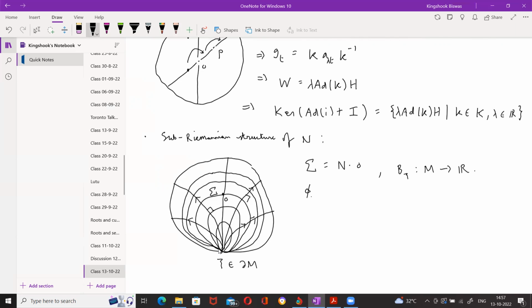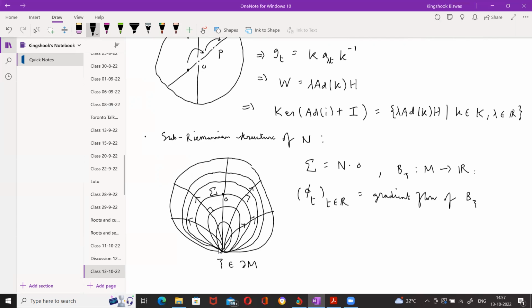So let phi t be the gradient flow of the Busemann function.